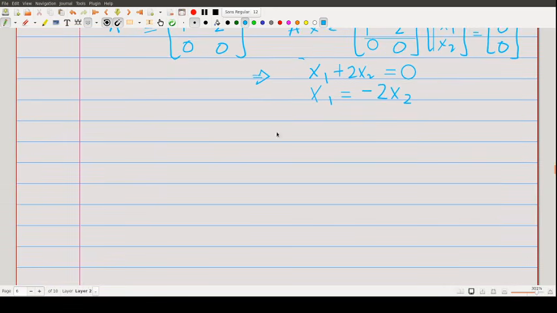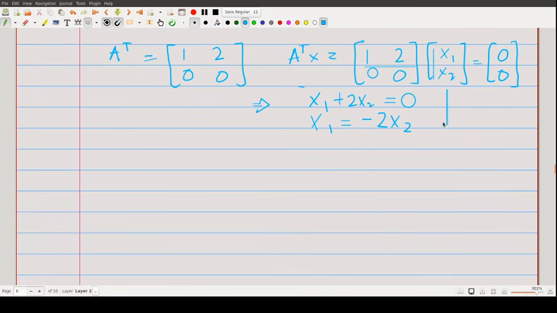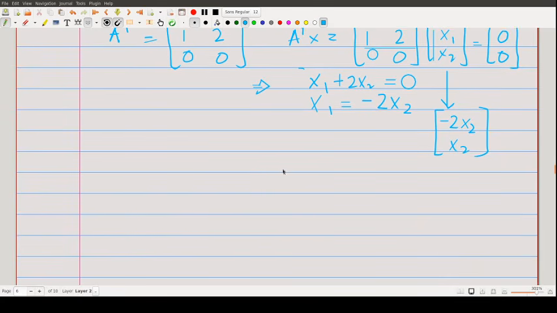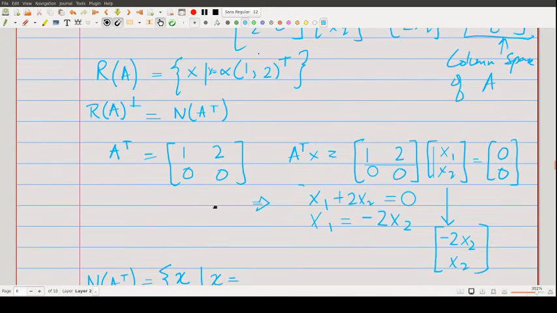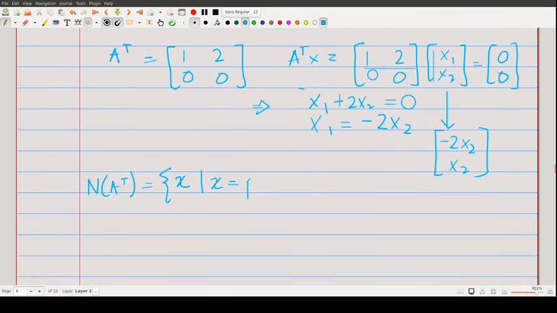So if I write any vector (x1, x2), this can be written as (minus 2x2, x2), because x1 is simply minus 2 times x2. So it can essentially be written as some beta. So the null space of A transpose is all vectors x such that x equals some constant times (minus 2, 1). So all such vectors will be in the null space of A transpose.